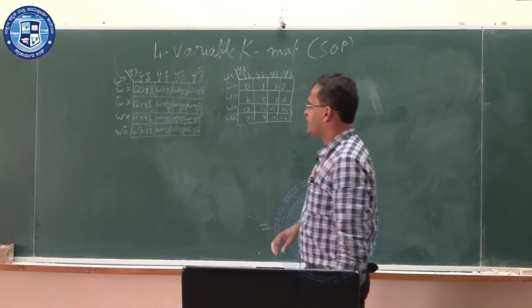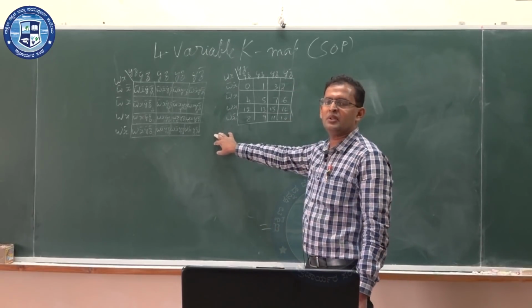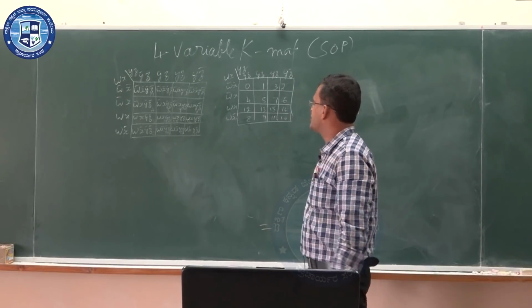So, this is the general K-map for 4 variables along with the numbers.